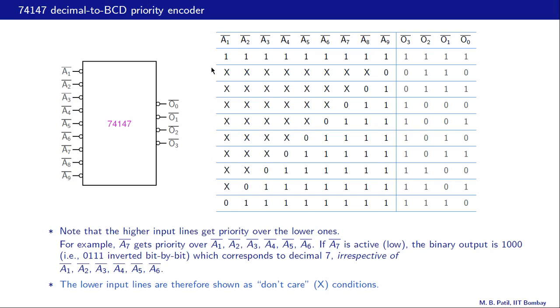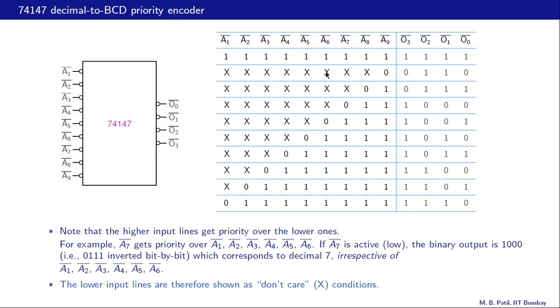Here is the truth table, and let us now look at these rows one by one. In the first row, all input pins are 1, that means inactive, and all output pins are also 1, that means inactive. So this output number corresponds to the binary number 0000.